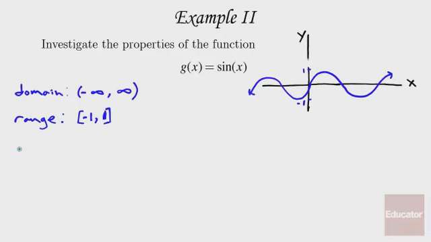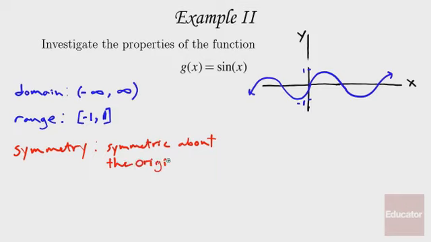In terms of symmetry, I mentioned earlier, I think, that sine of x is an odd function. It's symmetric about the origin. So let me write that down here, that our function is symmetric about the origin, and that it is an odd function.